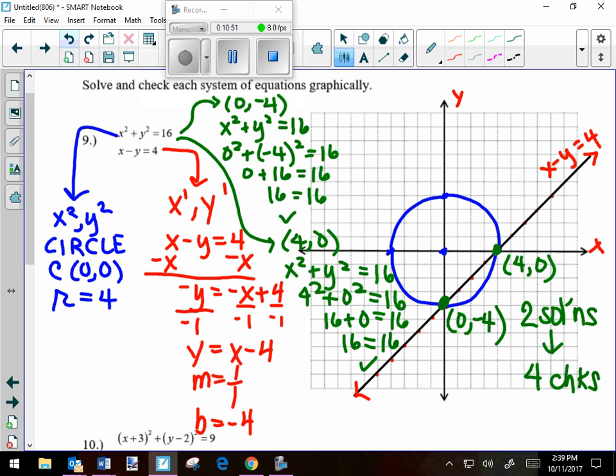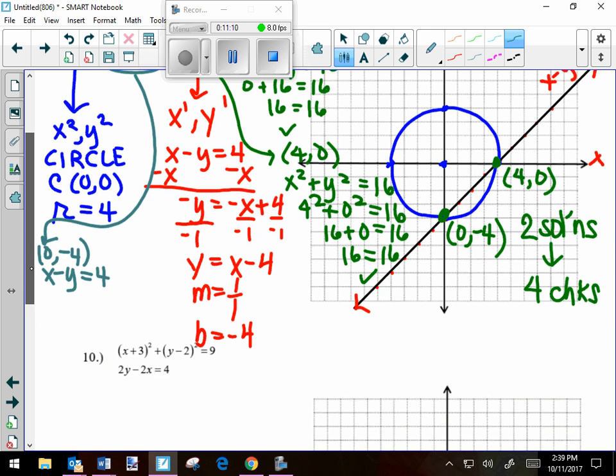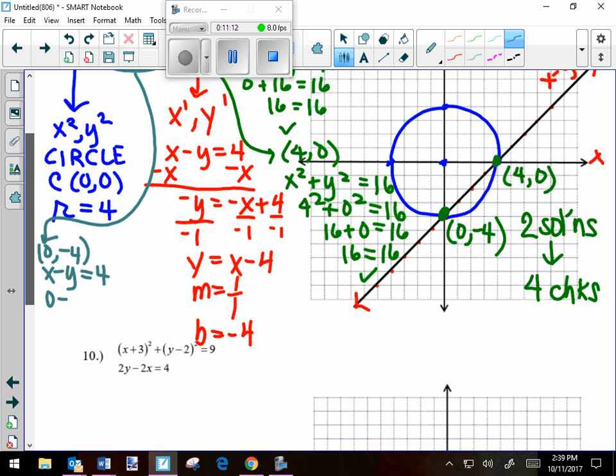There's 2 checks. However, I also have to go back and check in this equation. So this one needs to get checked with 0, negative 4. x minus y equals 4. 0 minus negative 4 equals 4. 4 equals 4.